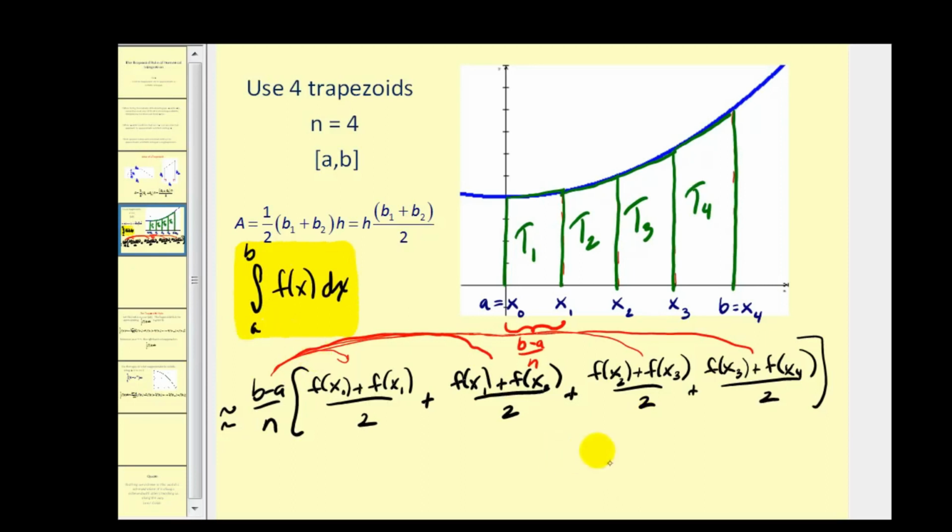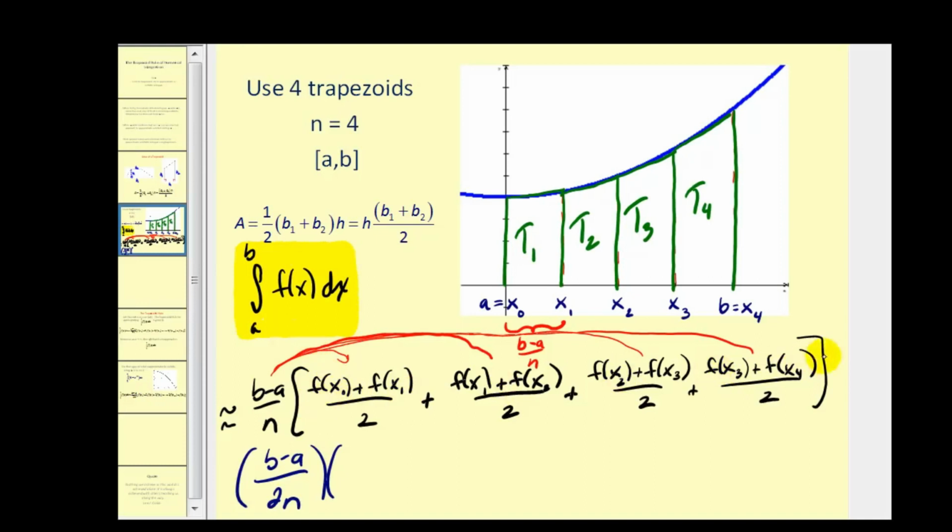Now let's take a look at one more thing. Notice they all have a denominator of 2, so we could factor this 2 out. So we would have b minus a divided by 2n. And notice that there are two f of x sub 1's, two f of x sub 2's, and two f of x sub 3's.